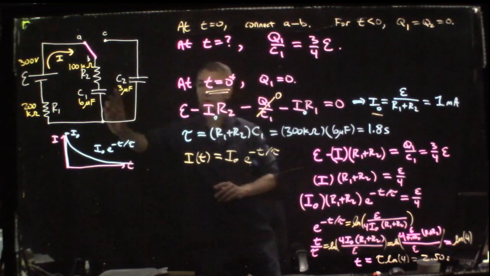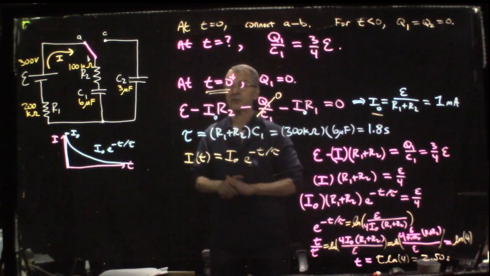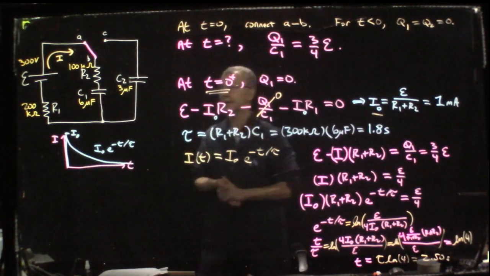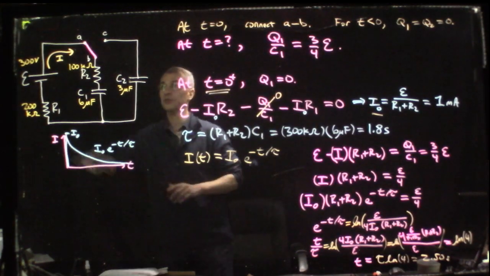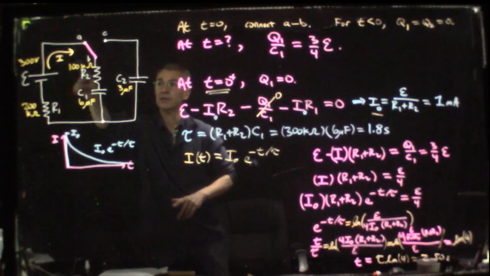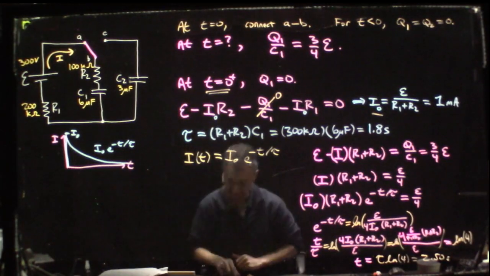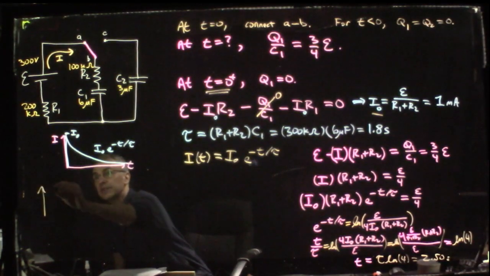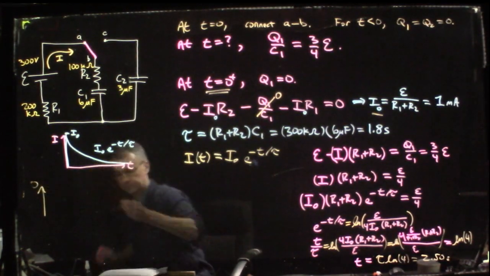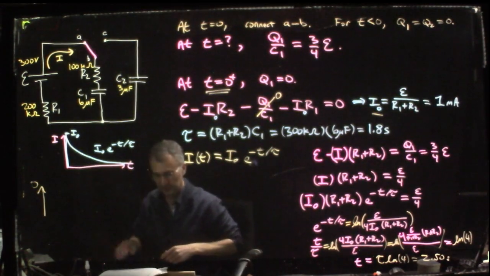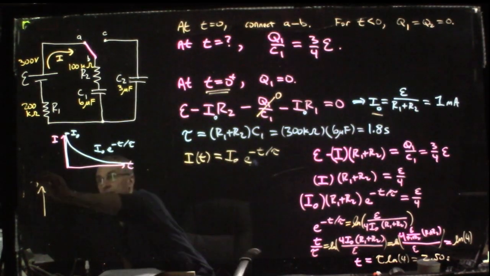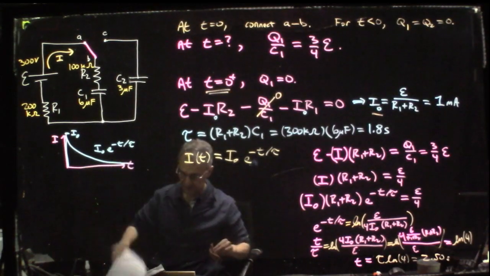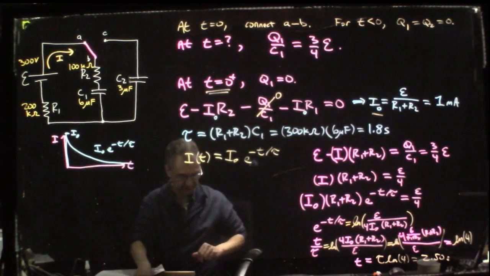We could say, what is the voltage across the capacitor after you wait a very long time? So after you wait a very long time, you see there's only one branch to this circuit. So here's what the charge on this capacitor versus time looks like.